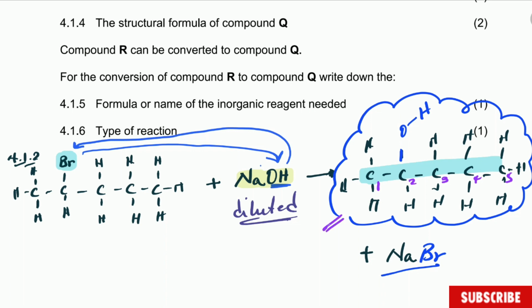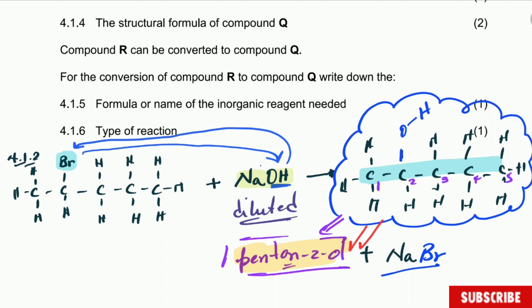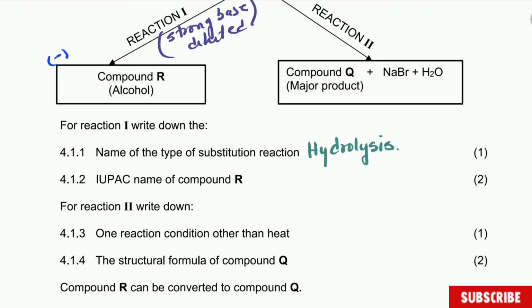Because it's straightforward, it will be pentan, and because it's an alcohol, it ends in an-2-ol. That is the name of the compound they want: pentan-2-ol. If you think you are going to be confused, then write the reaction. It didn't take that long. There are 2 marks for this: 1 mark for the hydrolysis and 1 mark for the name.